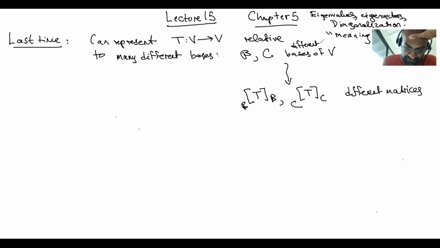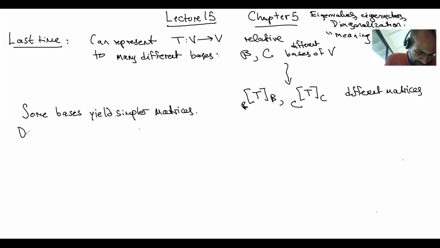And not all these matrices are equally nice. Last time we saw an example where in one basis, the matrix had a lot of zeros, and in another basis it didn't. So some bases yield simpler matrices than others. And this leads us to a deep question, which is: given a linear transformation, what is the best basis?